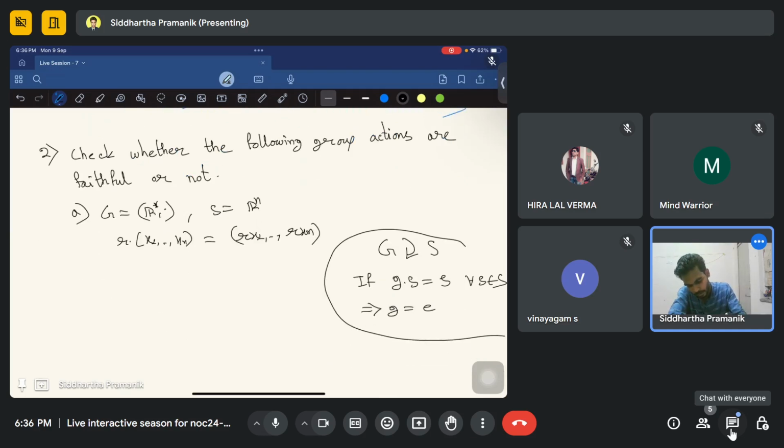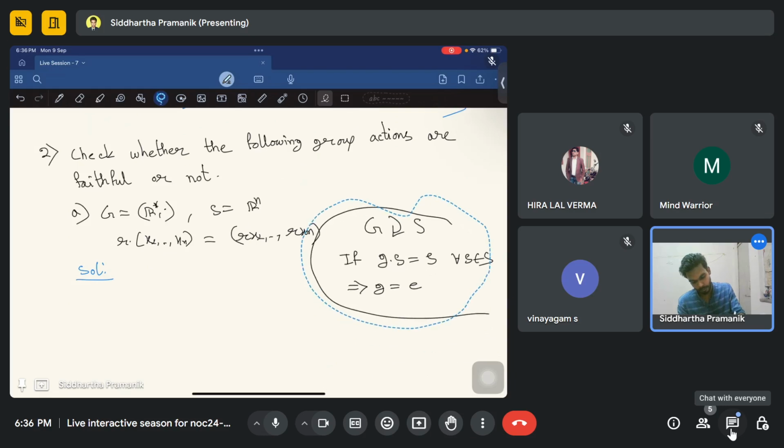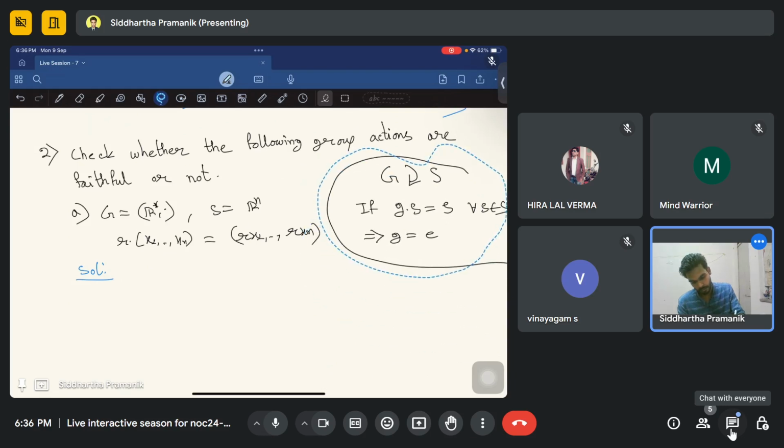So is it faithful? Can you check? Did you understand the definition of faithful action?